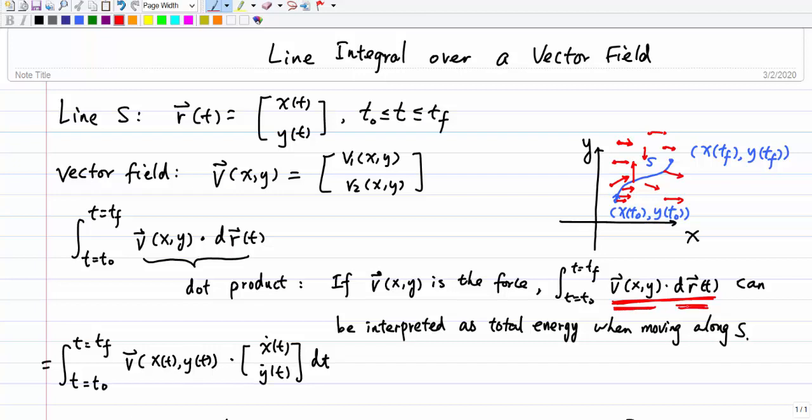And dr(t) represents that I'm moving along that point. I move a very, very tiny bit to see how it creates energy. Because if you only move a very tiny bit, your v will almost be the same for that tiny bit. That's why this defines energy for a very tiny interval, and this can be represented by v(x,y) dot ds.